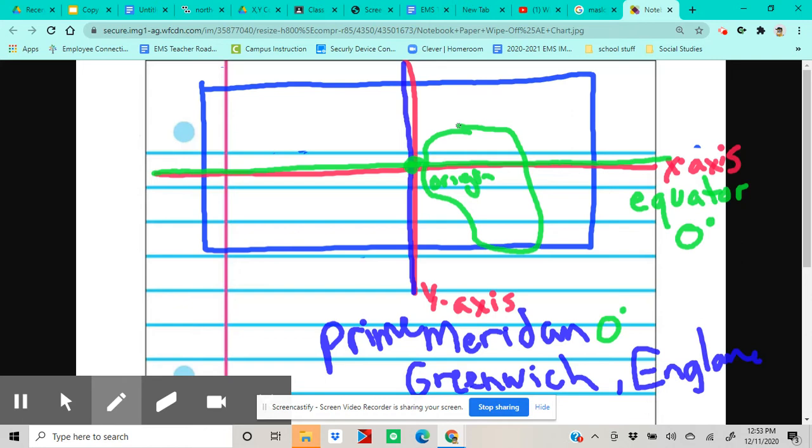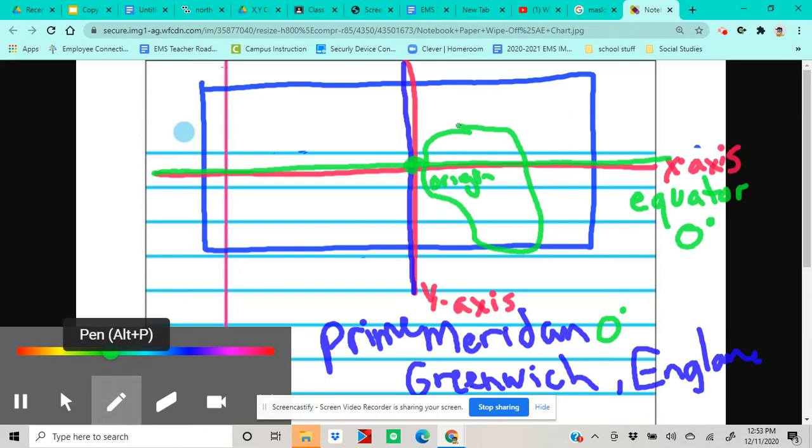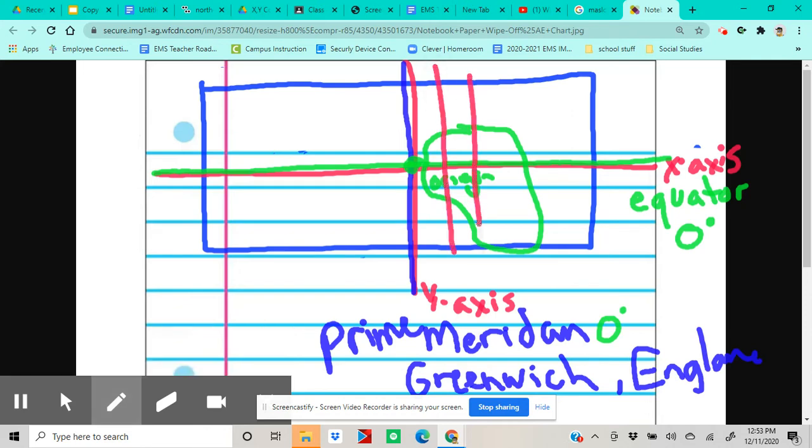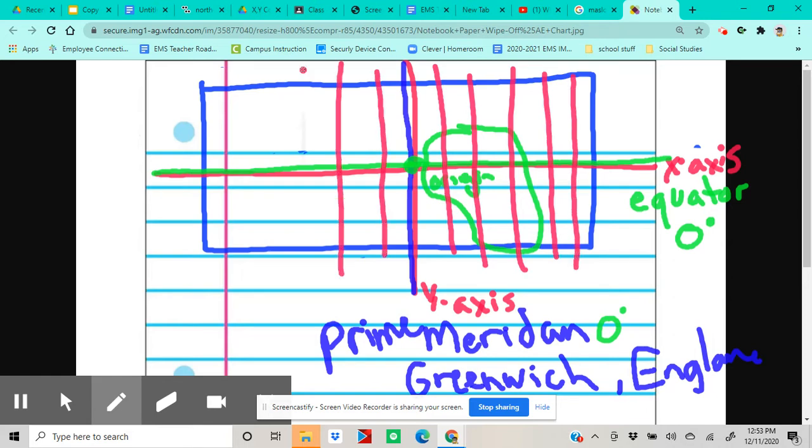So I take these ideas and concepts and further them. So to make a grid of the entire map, I add more meridians. These meridians on a map go from north to south. On a Mercator projection, they appear to be parallel.